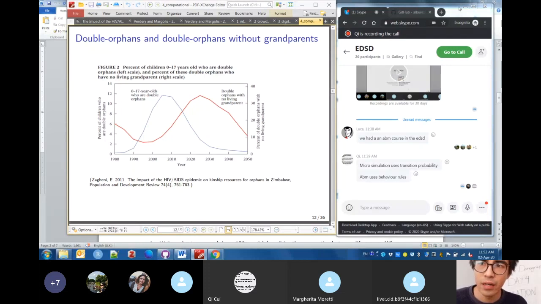So these are double orphans on the left-hand side. So children under 18 years old who are double orphans, and then also who are double orphans and have no living grandparents.